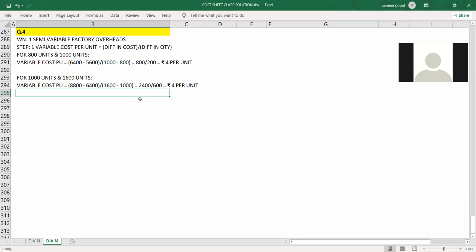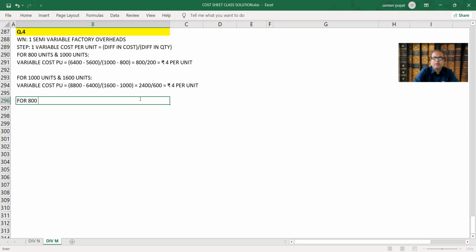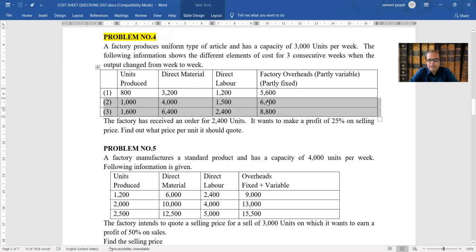Okay. Similarly, you can also compare for 800 and 1600. Even in that case, you should get the same answer. For 800, it is 5600.